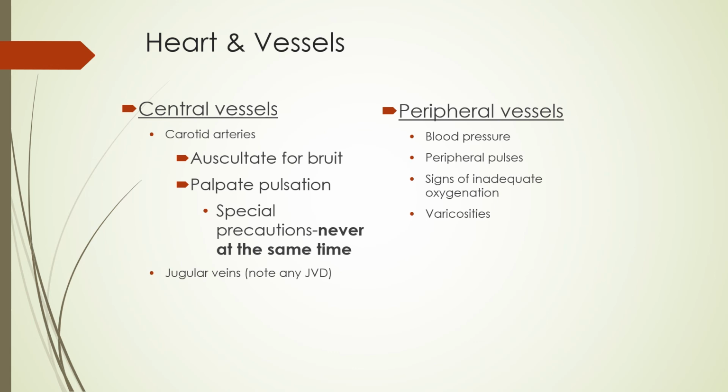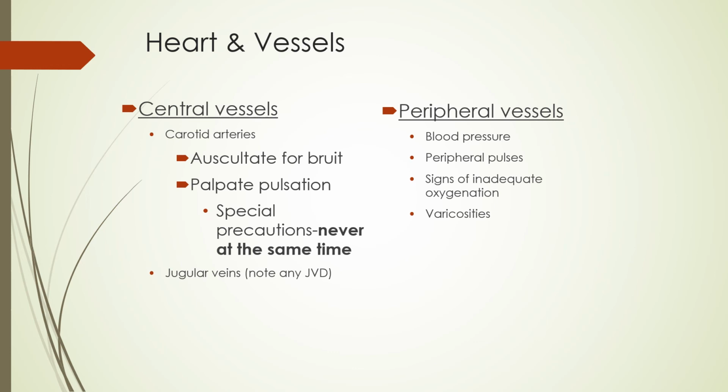Heart and vessels. We have central vessels. We auscultate the bruit on the carotid arteries. We have to listen for the bruit, and we also have to feel or palpate for the pulsation, or what we call feel the thrill. We listen for the bruit and we feel the thrill. Auscultate the bruit and palpate the pulse for the carotid artery.